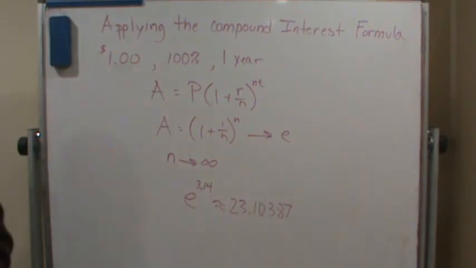It'd be interesting to see, because 3.14 is like pi, I wonder what e to the pi is. What do you get when you get e to the pi? So let me clear this. I'm going to do e to the x, and where's my pi key?